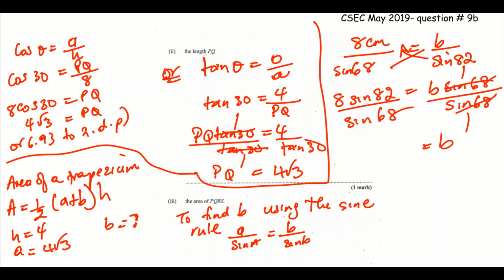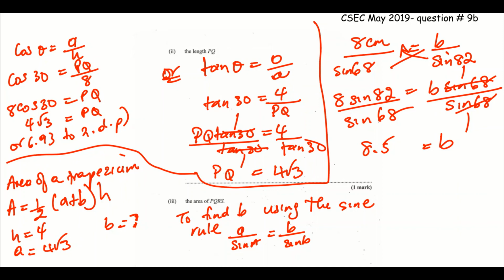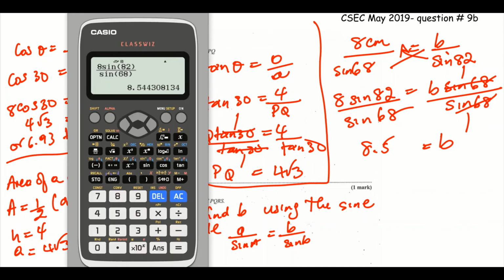So let's go ahead and work on our calculators. So we have 8 sine 82 over sine 68, and that gives us 8.54443.